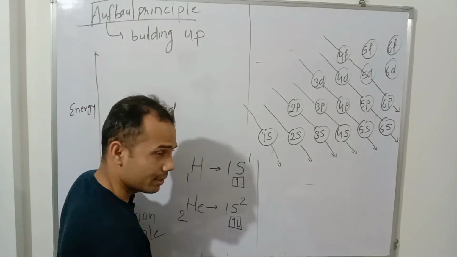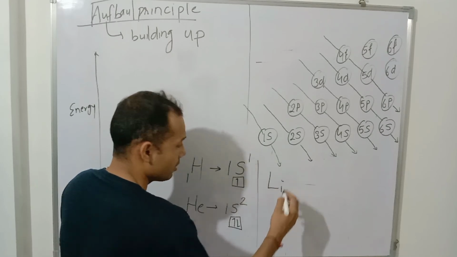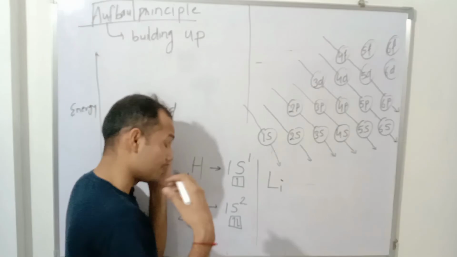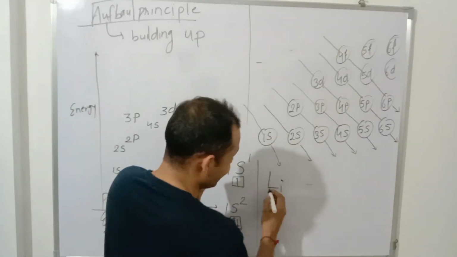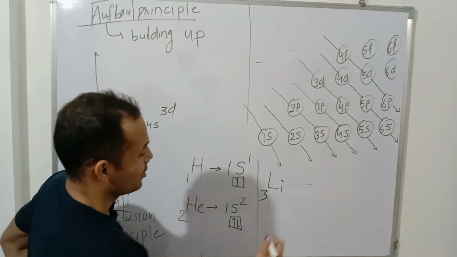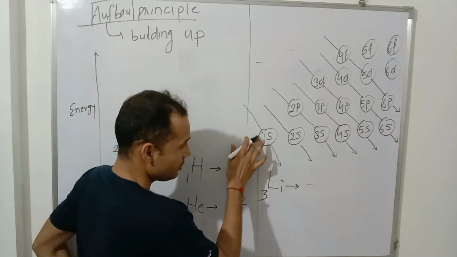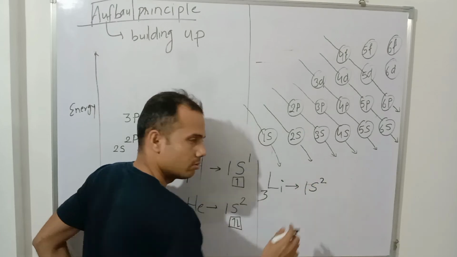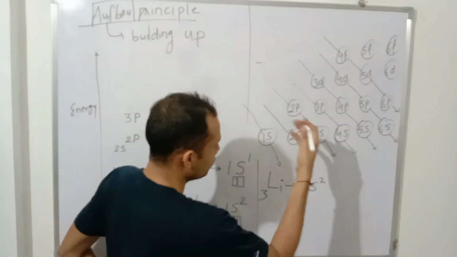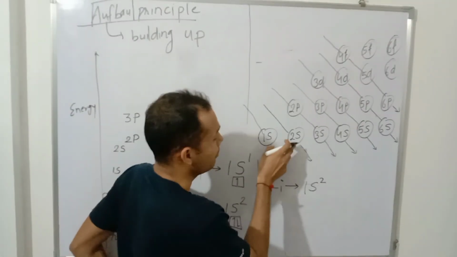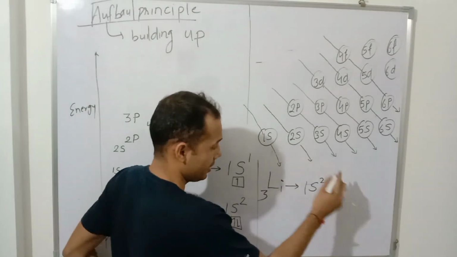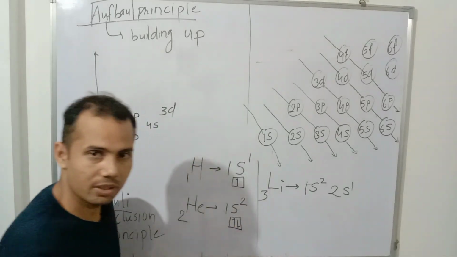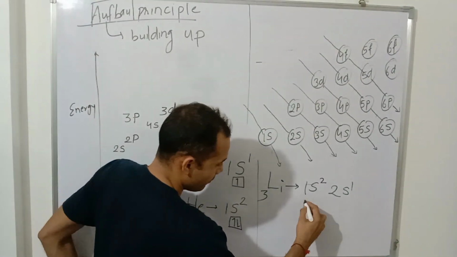Let us move to the next one, lithium, the third element, as per increasing atomic number. Again the first one, lower energy level, 1s2. Then it will move to the next energy level, which is 2s1.